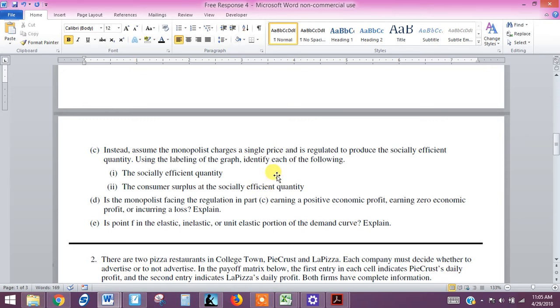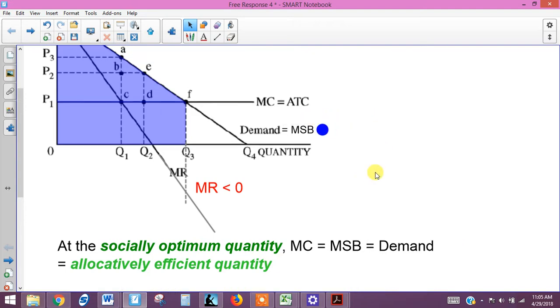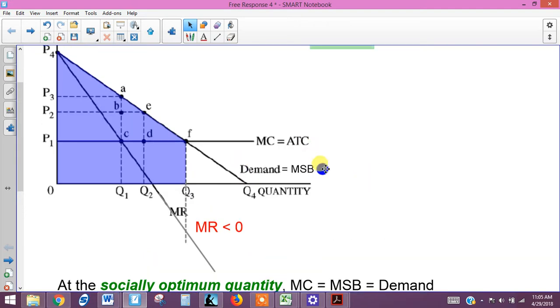You can say socially optimum, socially efficient, or allocatively efficient. They're the same thing, okay? So that's going to be where marginal cost equals marginal social benefit, which is your demand curve. Your marginal social benefit is one and the same with your demand from here all the way down.